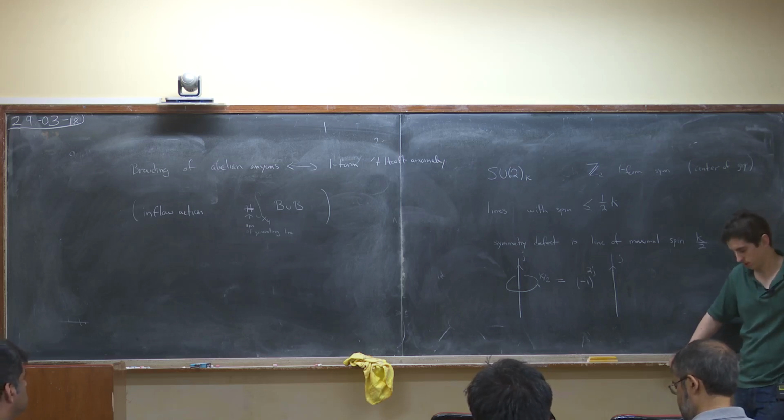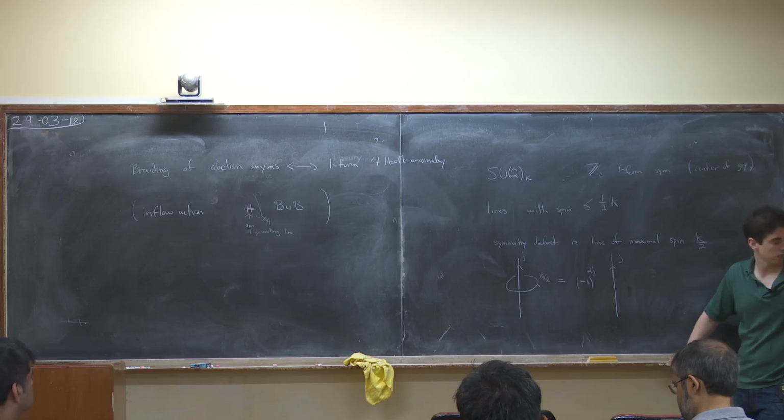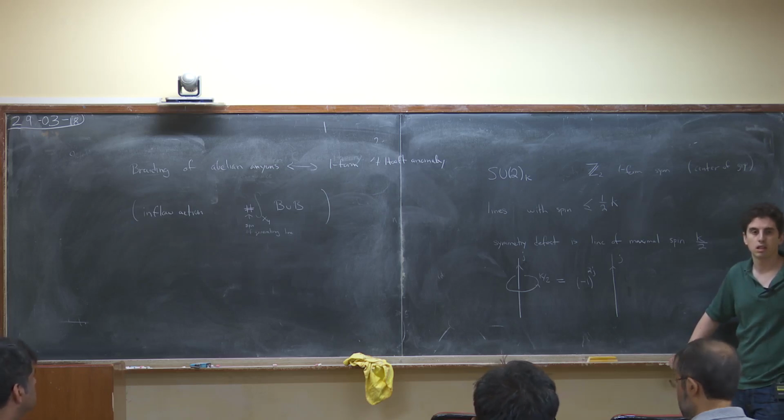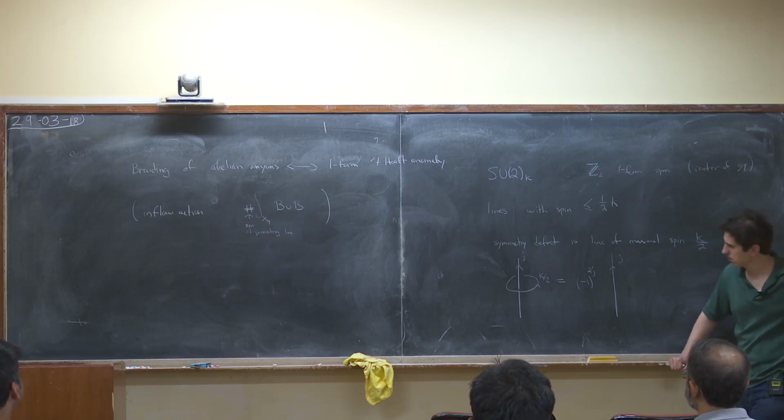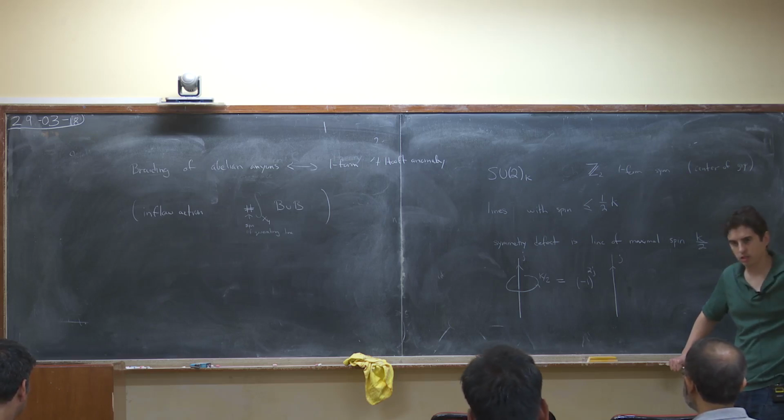Okay. Let's see, you want me to put a direct sum representation on a single line? I still think I should be able to make an argument that it just has well-defined charges on all the individual lines.